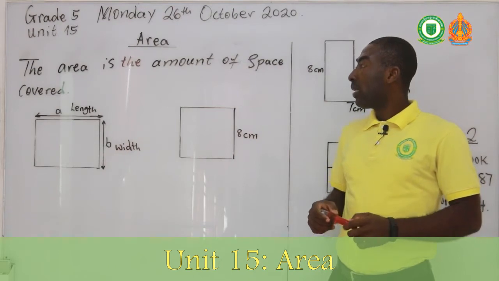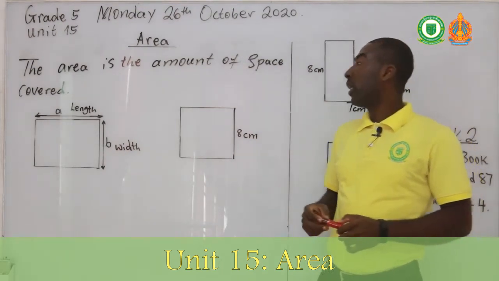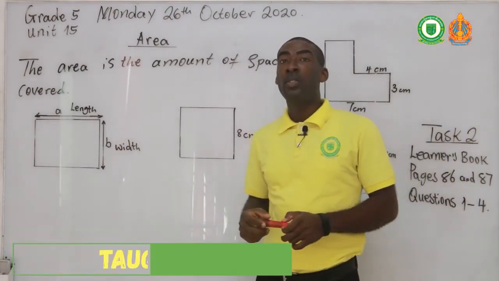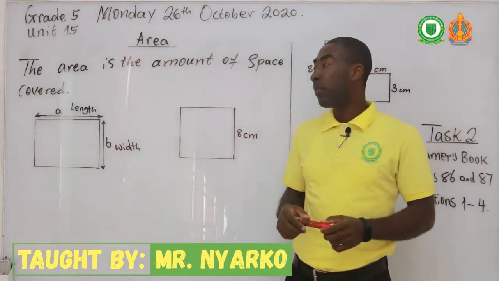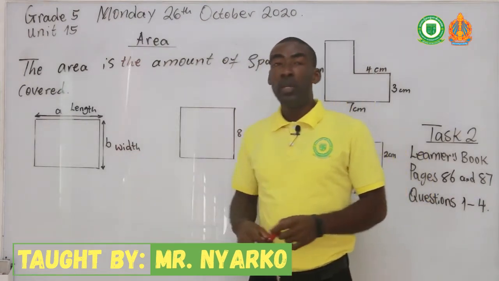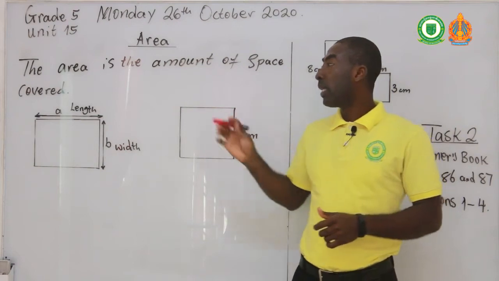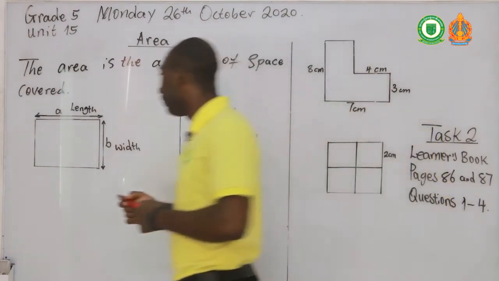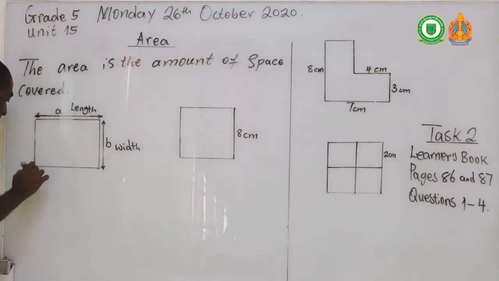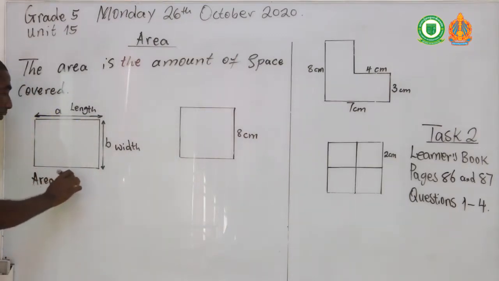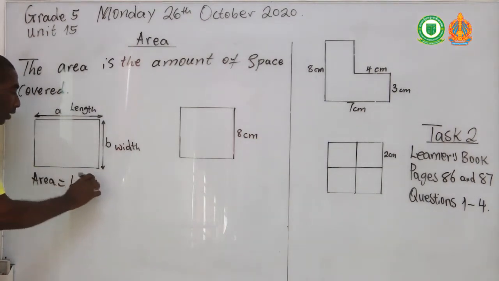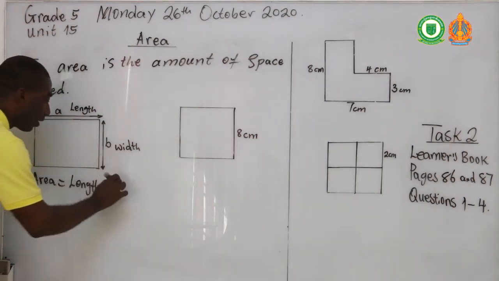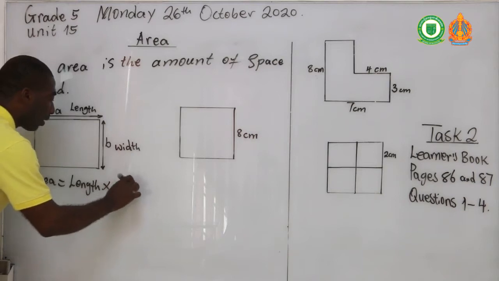We have learned that to find the area of a four-sided figure, we need to first look for the length and the width, and then multiply the length by the width, and that will give us our area. So again, area is equal to length multiplied by width.